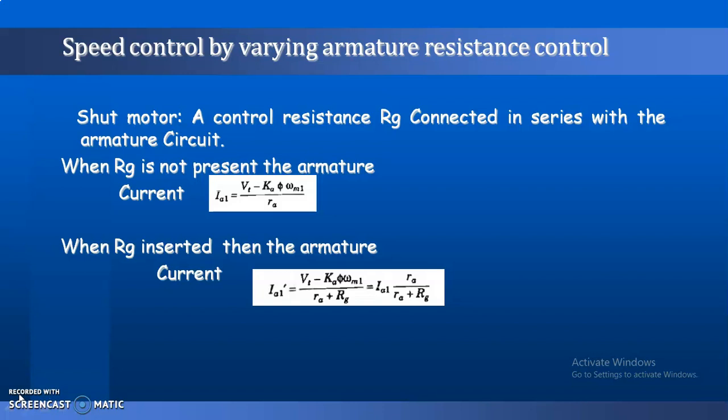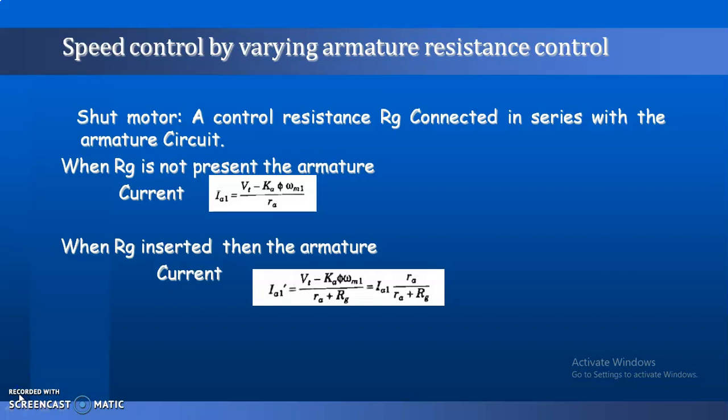Power delivered to the load in the second case is P2 = Ea2 into Ia1, so the power delivered in the second case decreases in proportion to the speed decrease.